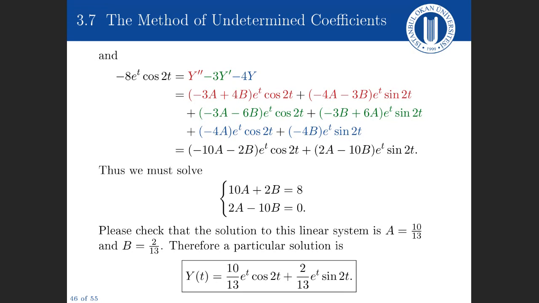And then we're finished. As soon as we know a and b, we can write down our particular solution. 10 over 13 e to the power t cos 2t plus 2 over 13 e to the power t sine 2t.